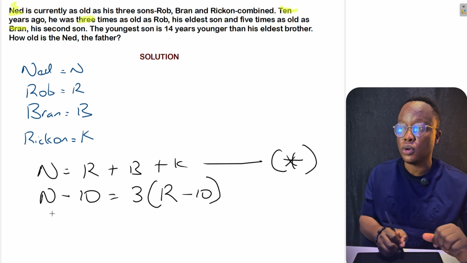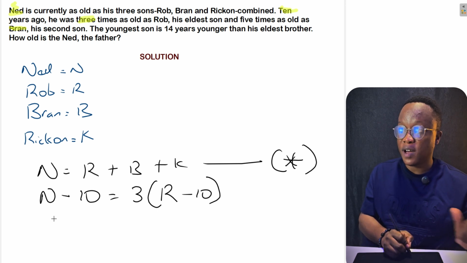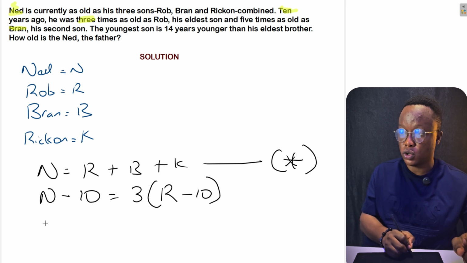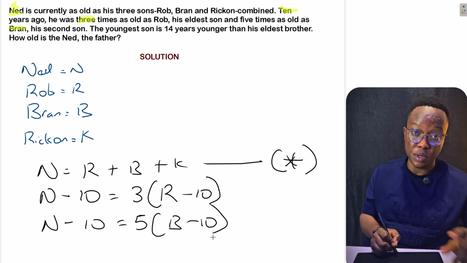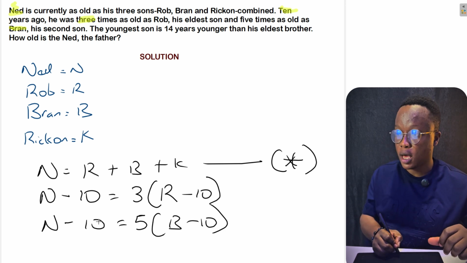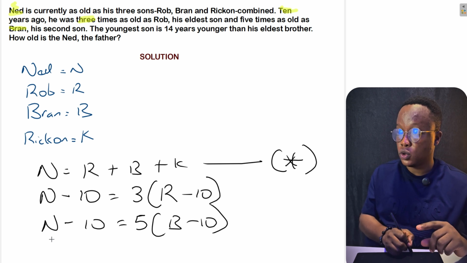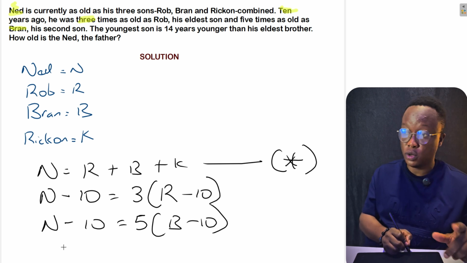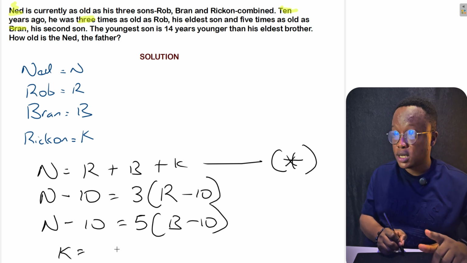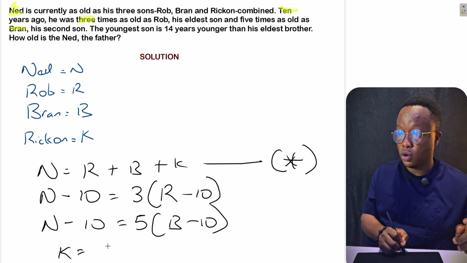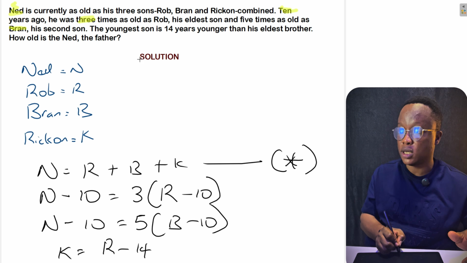And 5 times as old as Bran, the second son. So we also have N minus 10 is equal to 5 into B minus 10. And finally, the youngest son, Rickon, K, is 14 years younger than his eldest brother. So K is currently R minus 14.